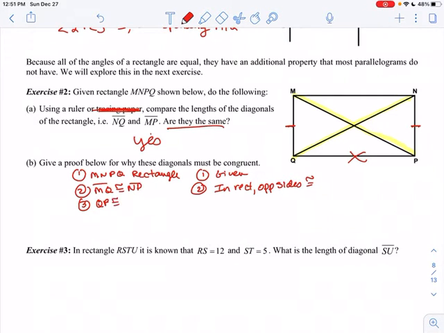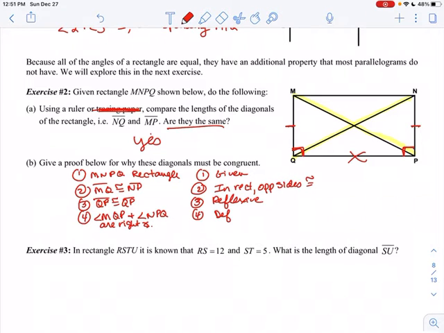They share this side on the bottom. QP is congruent to QP. That's going to be my reflexive property. A rectangle has right angles. So angle MQP and angle NPQ, basically I'm saying this angle on the left and this angle on the bottom right are right angles.